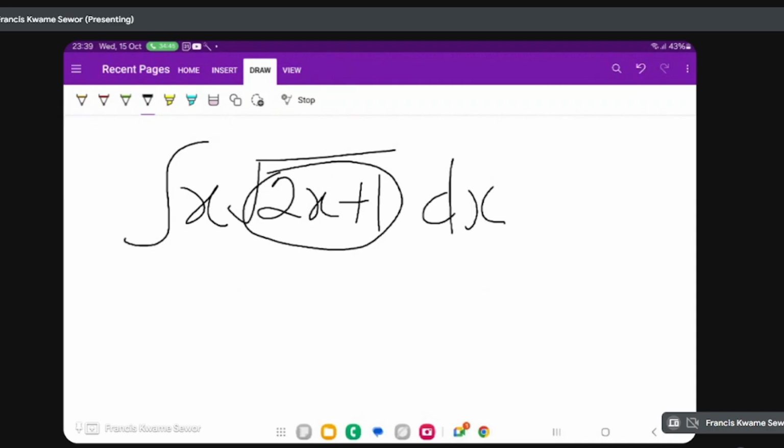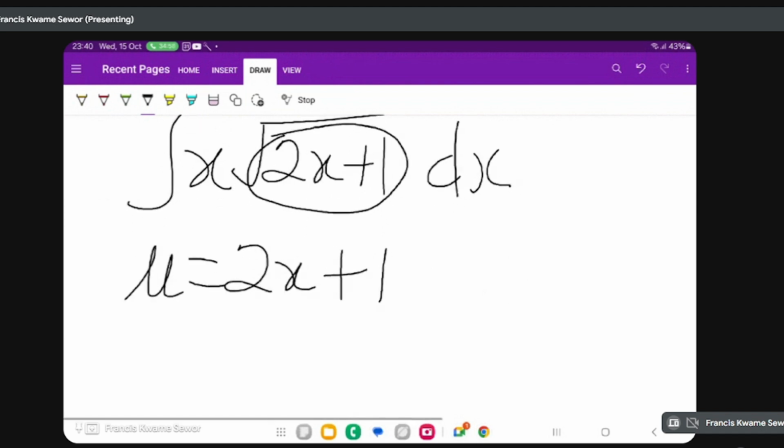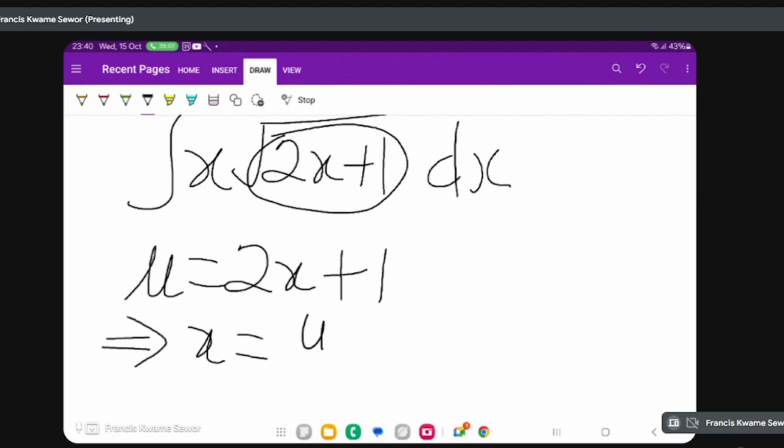If you say u equals 2x plus 1, then what will be the value for x? x will be equal to u minus 1 all over 2. Are you okay? Yes.